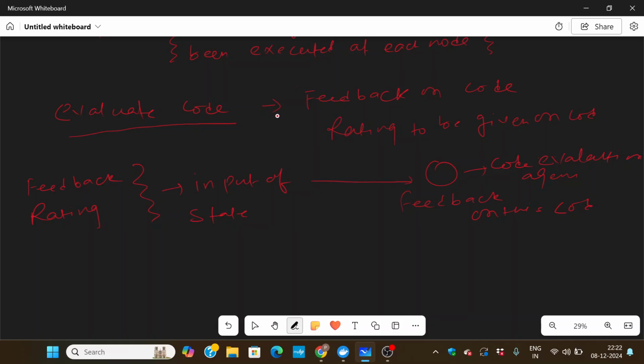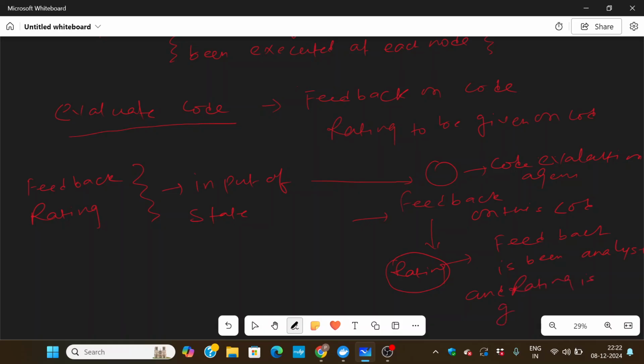It will update the feedback and then pass it to the rating agent. At the rating agent, the feedback is analyzed and the rating is given.